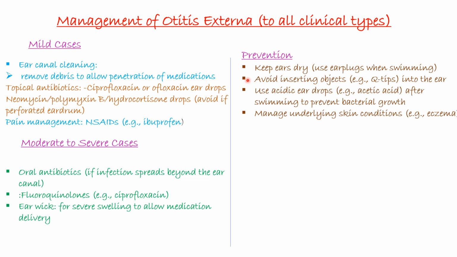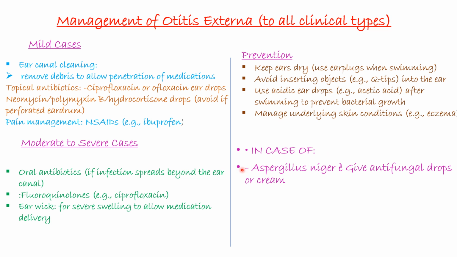So the prevention is to keep your ears dry. This includes use of earplugs when swimming, avoiding insertion of objects such as Q-tips into the ear, use of acidic ear drops such as acetic acid after swimming to prevent bacterial growth, and managing underlying conditions such as eczema.